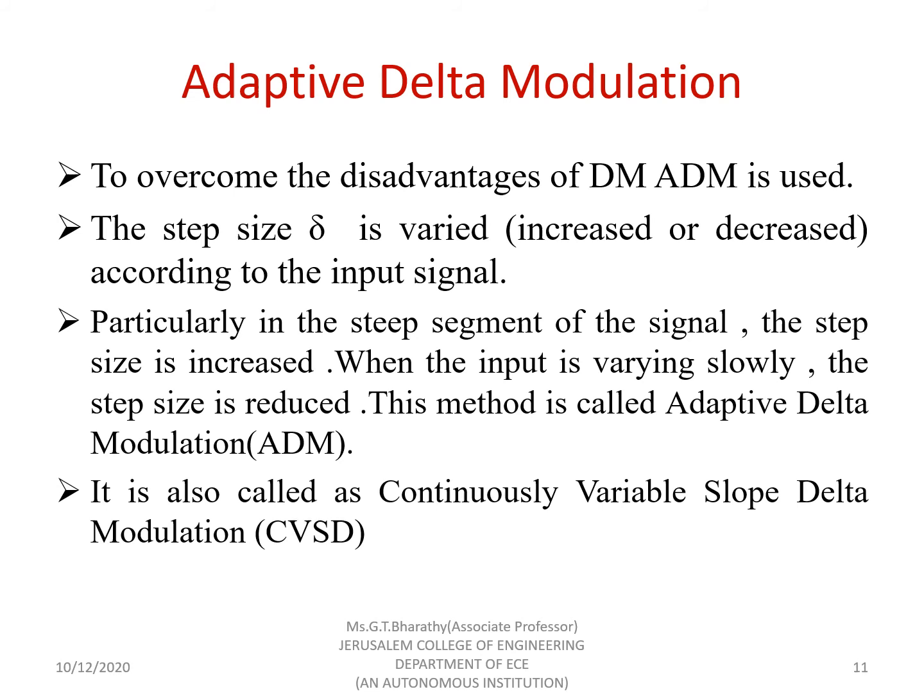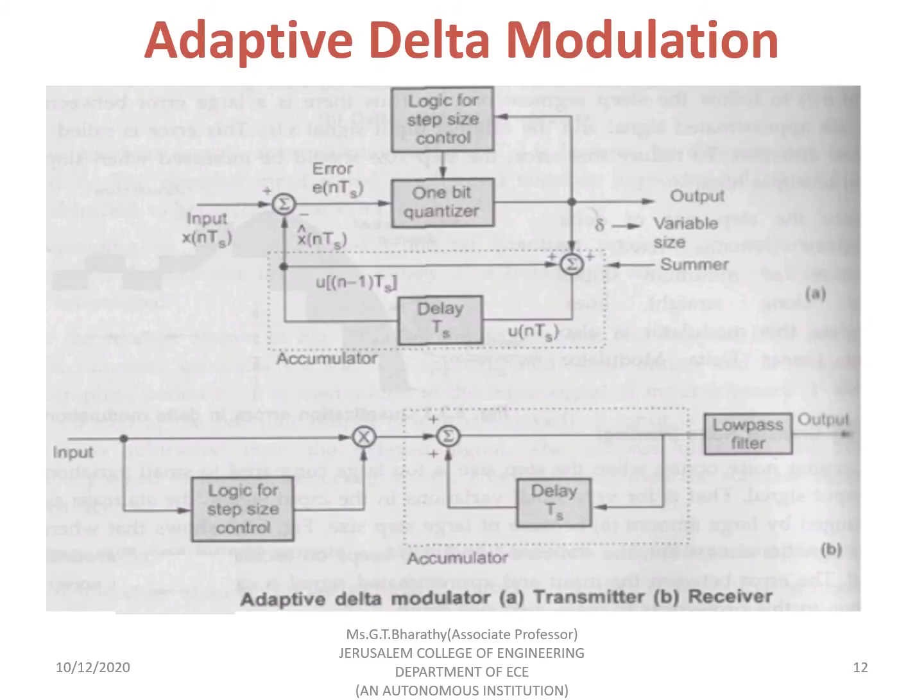This adaptive delta modulation is also called CVSD, which is continuously variable slope delta modulation. This is the diagrammatic representation, where we have the same diagram, that is the accumulator followed by a quantizer, but this quantization and accumulation process will be based on the logic to control the step size.